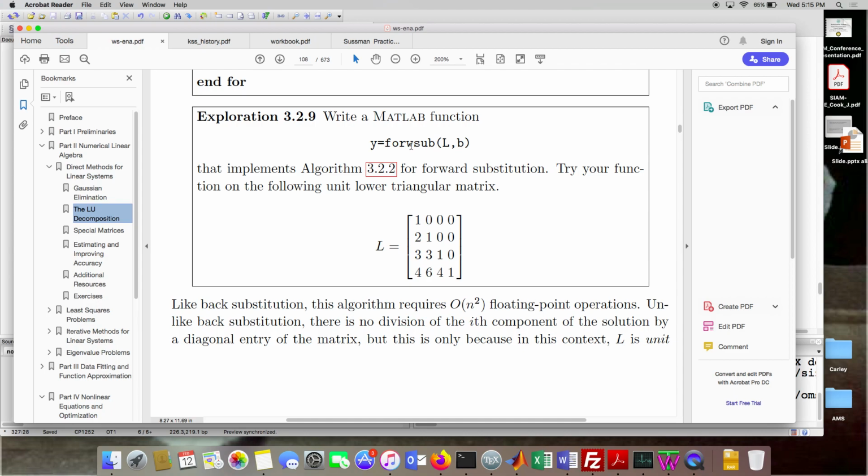Are we just testing the function and seeing if it's working? Yeah, that's all you need to do, because you already wrote this function in class, in MATLAB. Oh yeah, I remember now. We're just testing the code.